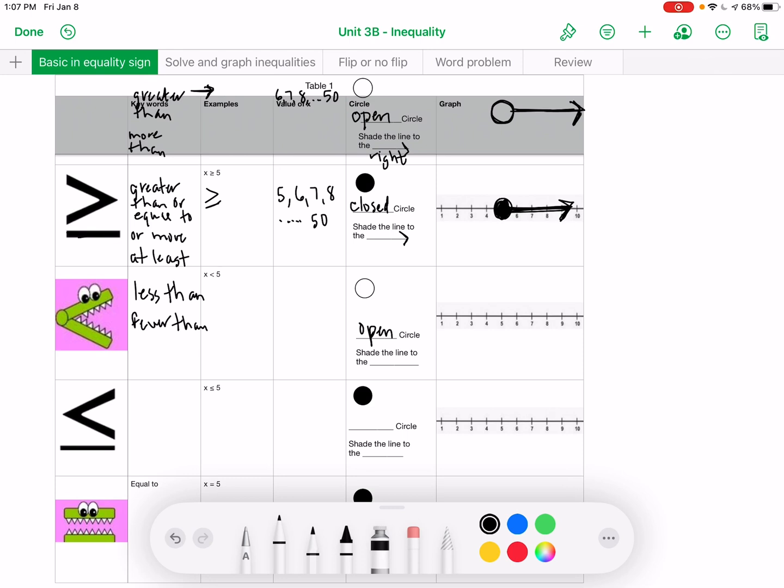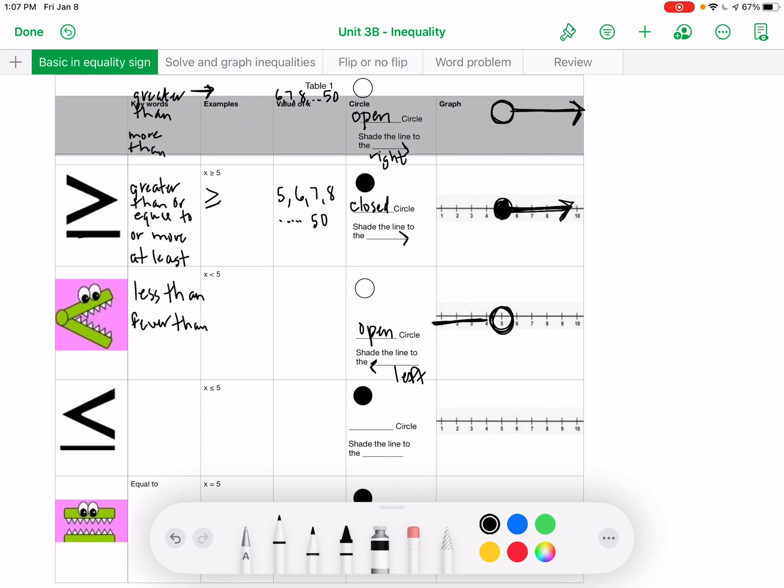We're going to shade the line to the left because that is the less than. That's the way the sign is pointing. So I'm going to indicate that it's on 5 and it's less than 5.